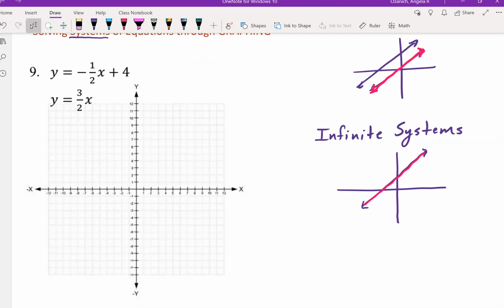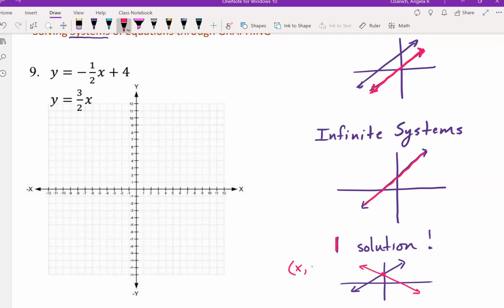Okay? So a system with one solution is going to be, you're just graphing those two lines. So we'll graph our first line, just like we would graphing a slope-intercept form. Then we graph our second line. And this point where those two lines intersect creates our one xy coordinate solution that makes both equations true.